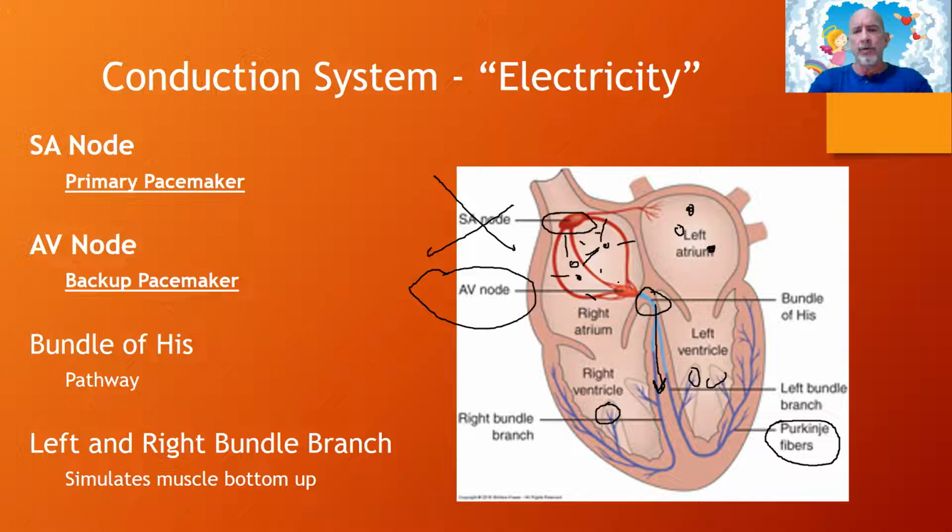Now, when all those signals get down here to the AV node, it goes, wait a minute, something's not right. And it starts firing off its own signal to the heart. Now, the AV node normally runs a little slower than the SA node. So if your SA node is clicking along about 80 beats per minute, the AV node will probably click along about 60 beats per minute.